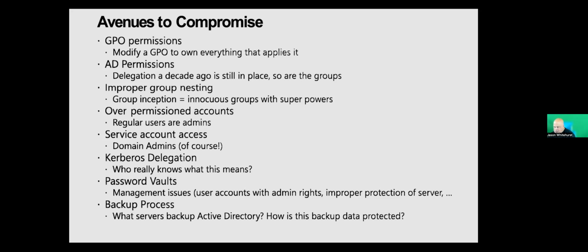Over-permissioned accounts, we see that all the time. People who have a problem, we give them admin on their machine. They can run their app, and then off we go. And we have 300 other tickets to deal with. We'll come back and deal with those admin accounts, and it just doesn't happen.